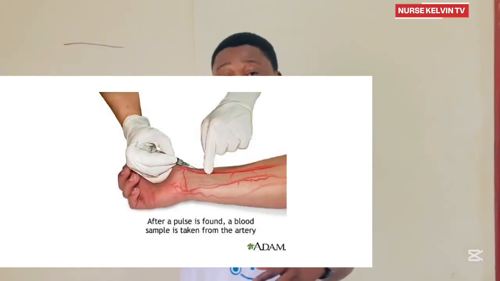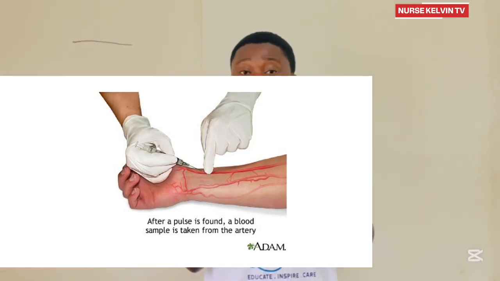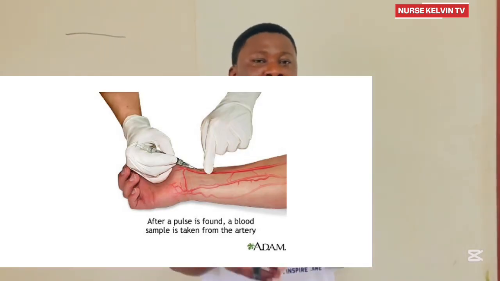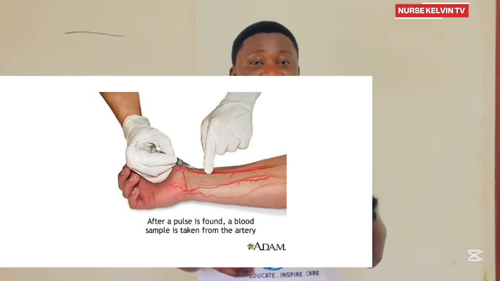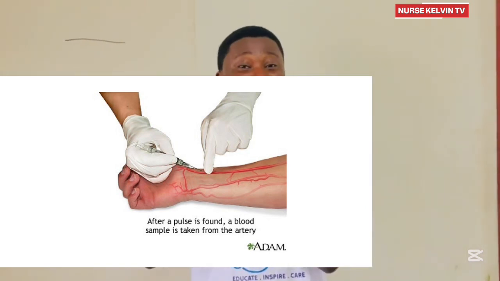Then the next one that we are going to talk about is the arterial blood gas analysis. It is also used in the critical care unit. This one is going to measure the level of oxygen and carbon dioxide in the blood, and also the blood pH.